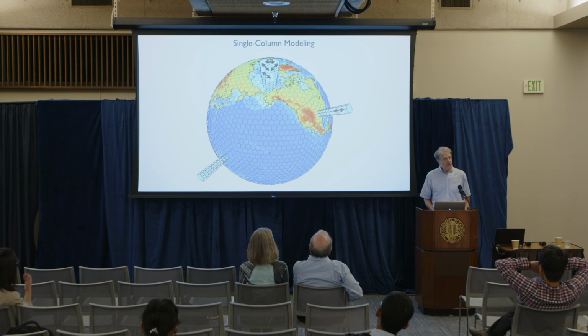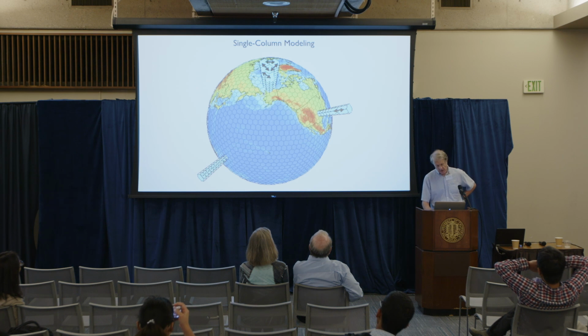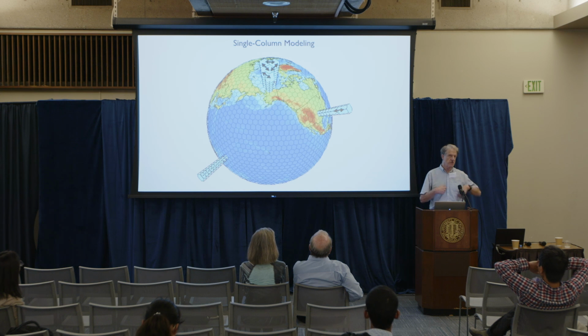Later, this came to be called single column modeling. Recognize this? And in that case, we actually had a strong tie-in to observations, where observations, just like the ones through the Marshall Islands, which would basically be close to this region, were used to provide the advective tendencies, just like you might have advective tendencies from neighboring GCM columns.